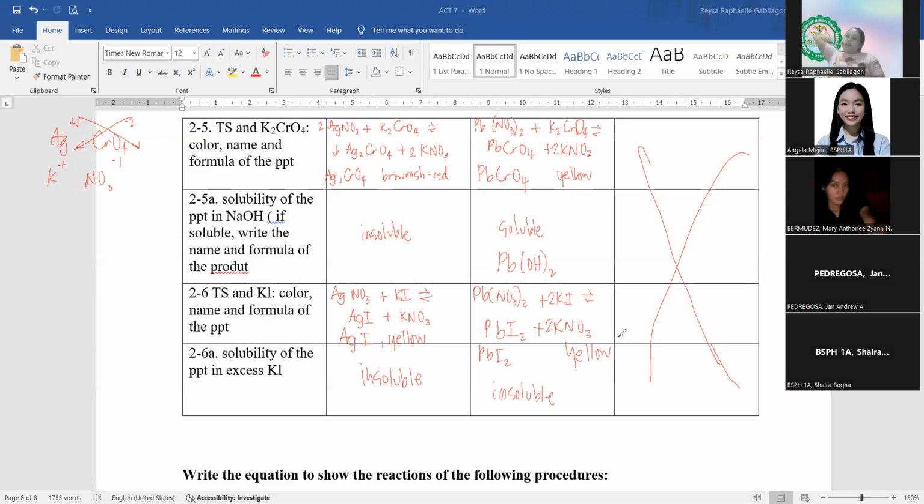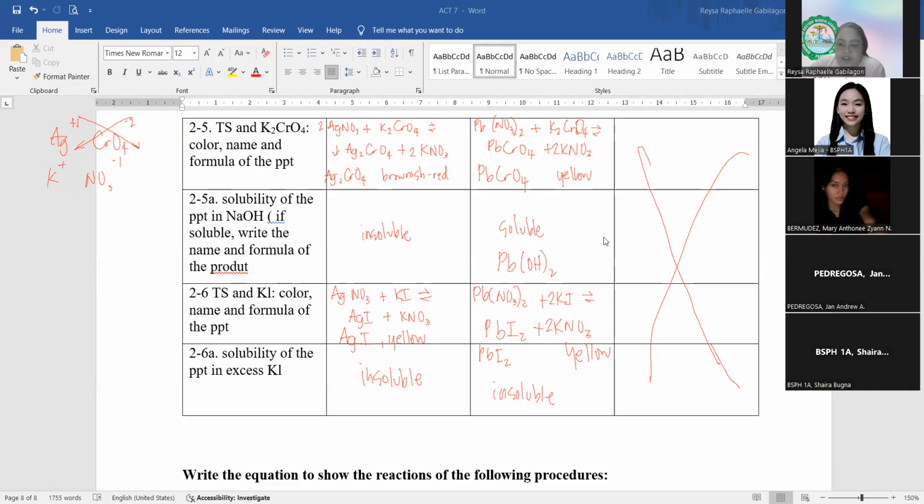So we completed the table. Let us not include the mercury. And the chemical equations below, write those. What you write up here is only the color, the name, and the formula of the precipitate. Okay? This is what is included in the exam.